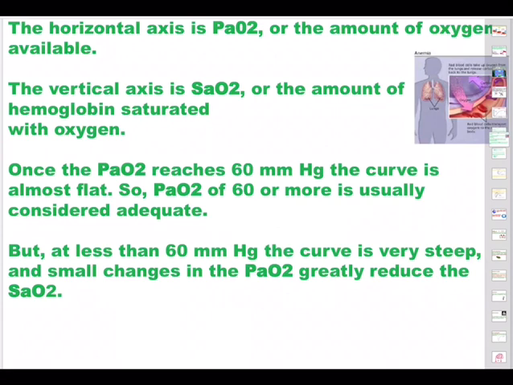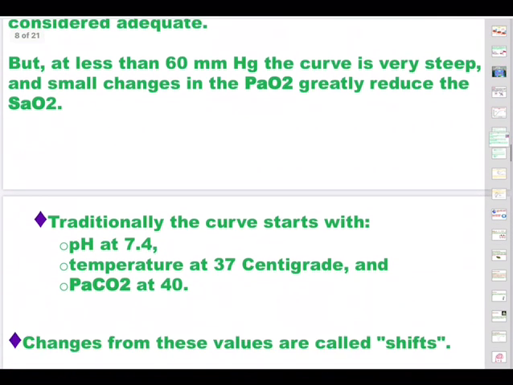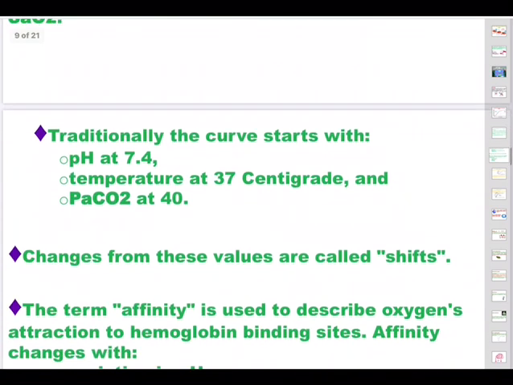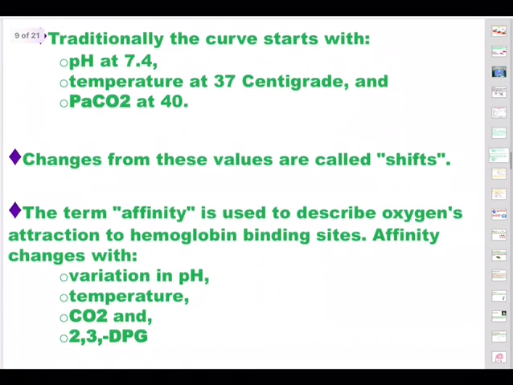Once the PaO2 reaches 60 mmHg, the curve is almost flat, so a PaO2 of 60 or more is usually considered adequate. But at less than 60 mmHg, the curve is very steep and small changes in the PaO2, the amount of oxygen available, greatly reduce the SaO2.